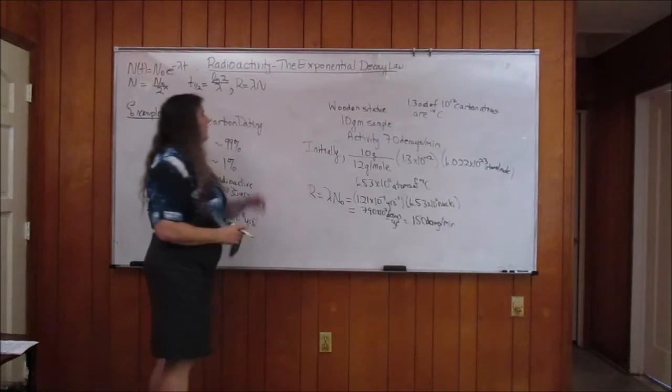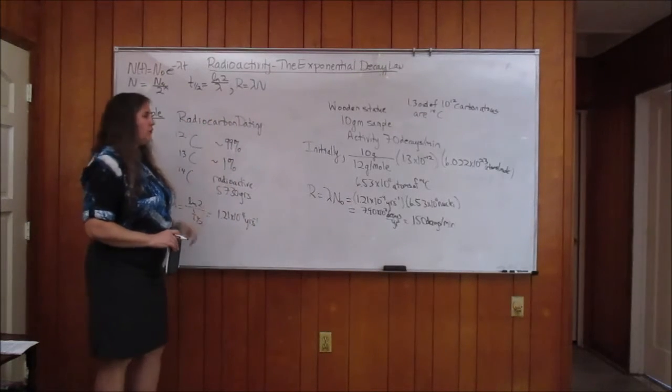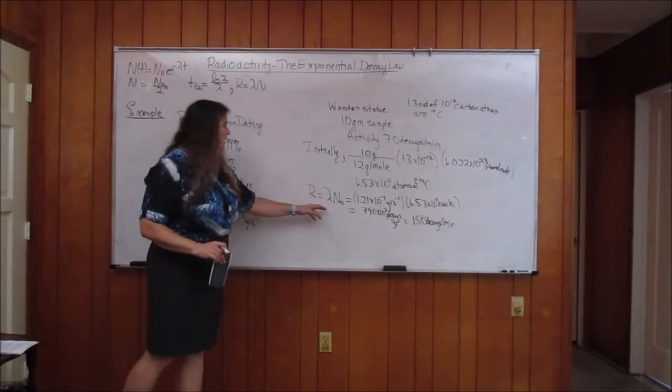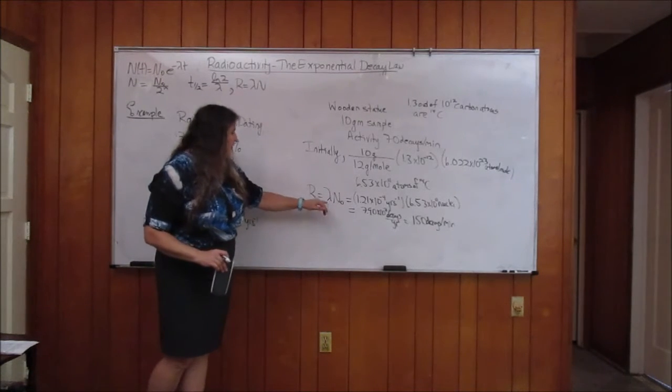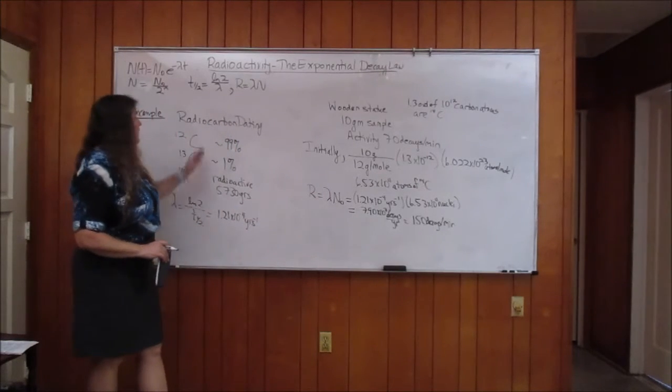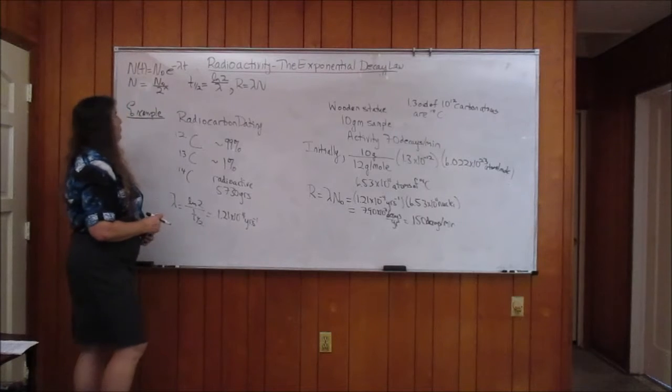Initially, when this tree fell over, struck by lightning, who knows what, and our prehistoric woodsman or craftsman came along and decided to make a nice little statue, the activity of this was 150 decays per minute. Now it's presently 70 decays per minute.